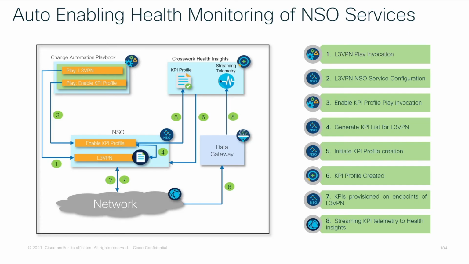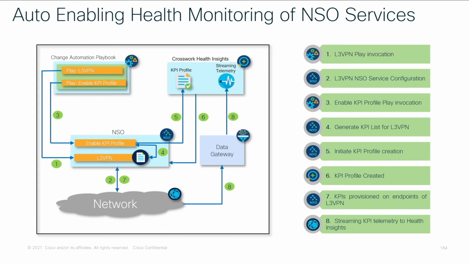This is one level deeper than the previous slide. The focus is on the NSO portion, on how we get the list of network objects. You can do it in different ways. A simplistic way is that when you have an NSO service, you have an XML template where you define the configuration. Once the L3 VPN service is configured, the inputs to the enable KPI service are the location of the NSO service and the endpoints.